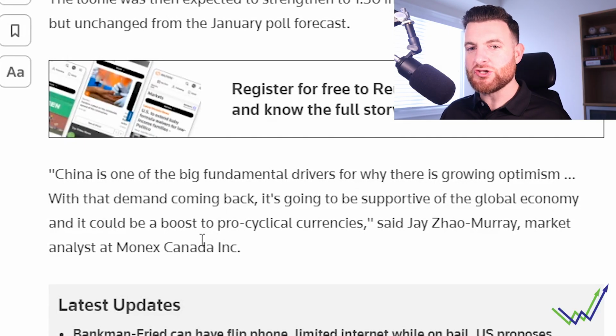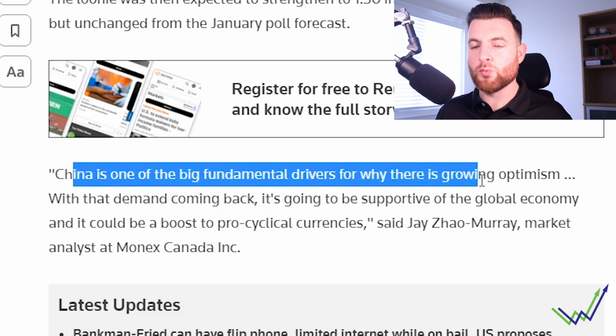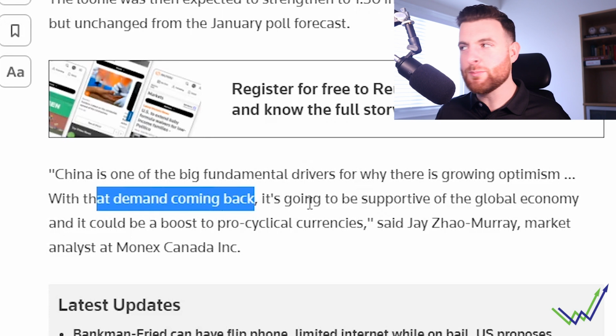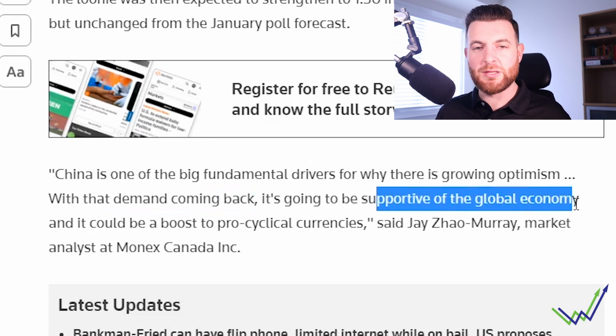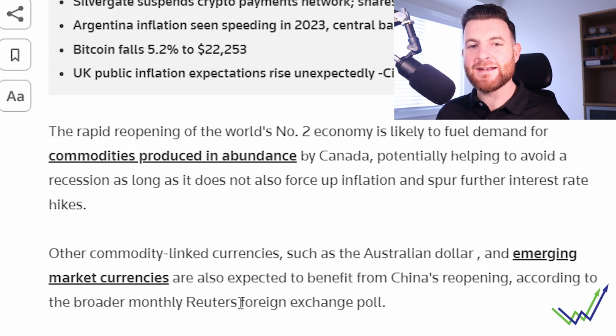From what we were just talking about, China is one of the big fundamental drivers of why there is growing optimism. With that demand coming back, it's going to be supportive of the global economy and its pro-cyclical currencies. This is because Canada is super rich in resources, in raw materials that China needs in order to build its products.